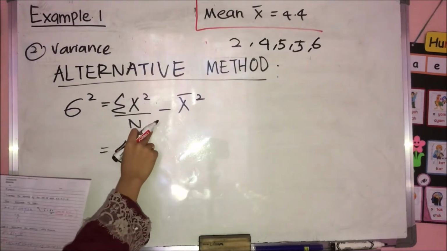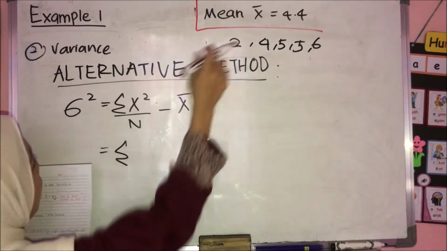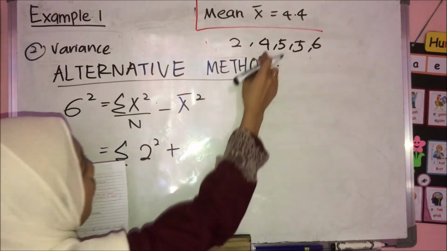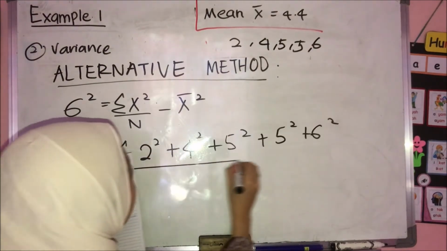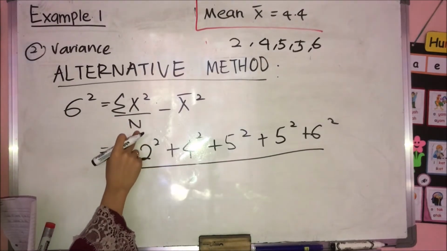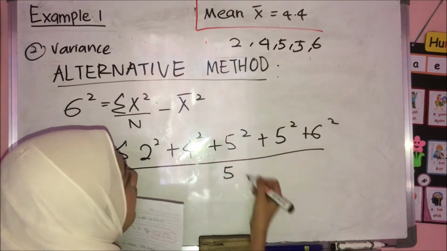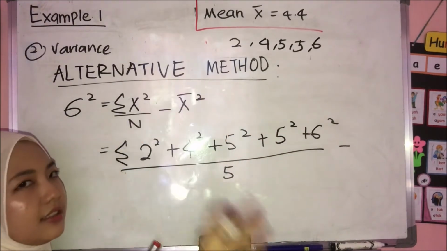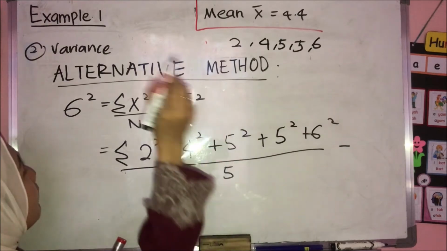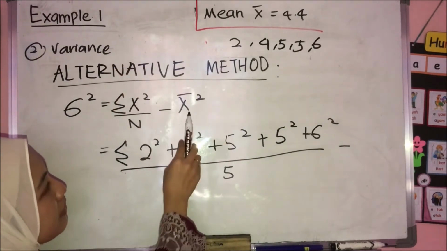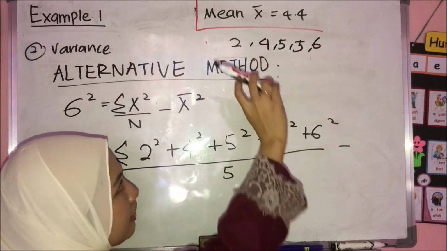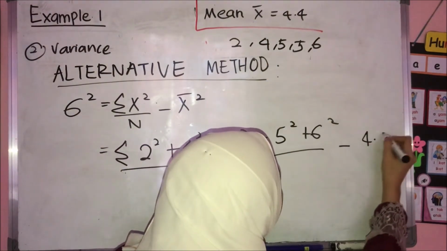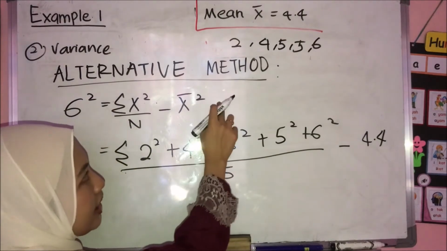Okay, x square, so we have 2 squared plus 4 squared and so on, divided by n. What is n? 5, right? And then we have the mean. There is no alternative method for the formula of mean; we have it only for variance. So for the mean, you just take 4.4 as we did just now, and don't forget to square, okay?